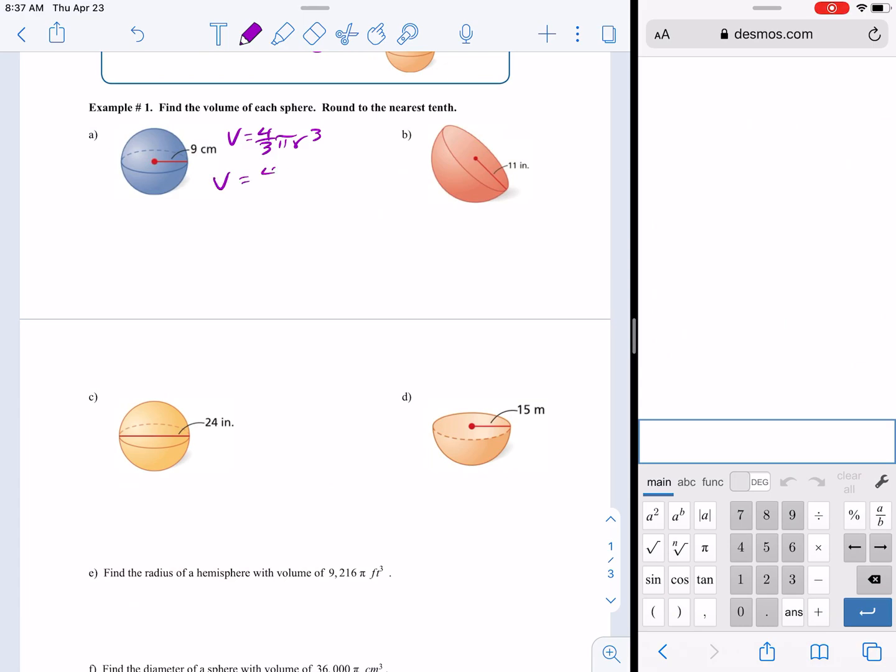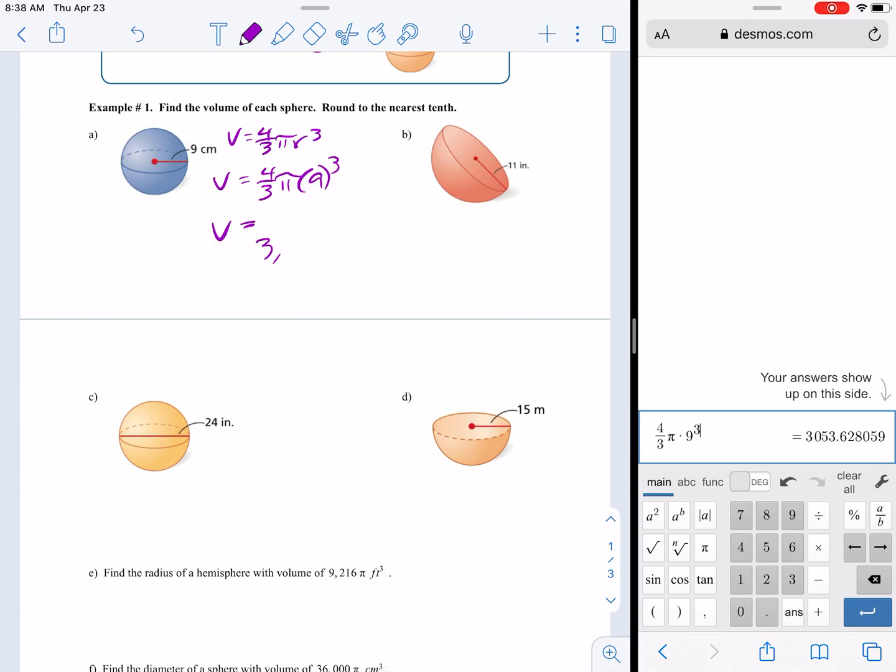So volume equals 4/3 pi times 9 cubed. And just punch this into our calculator: 4/3 pi times 9 to the power of 3. Directions say round to the nearest tenth, so we get a volume of 3,053.6 cubic centimeters. Okay.